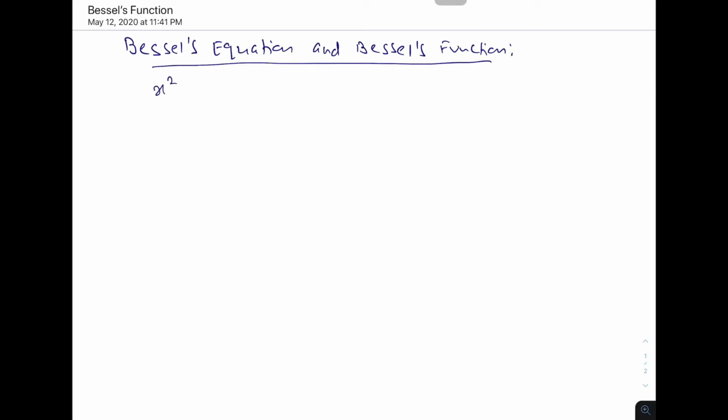This differential equation x square d square y by dx square plus x dy by dx plus x square minus n square y equal to 0, n constant.